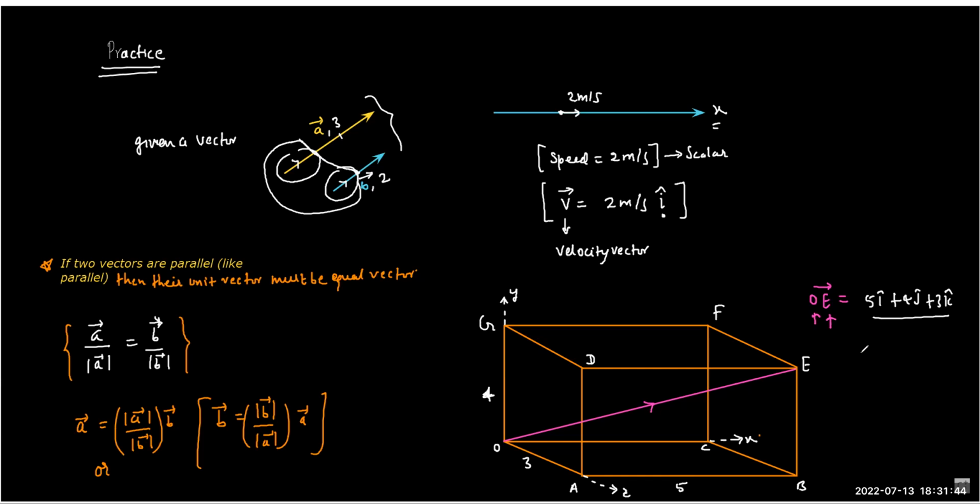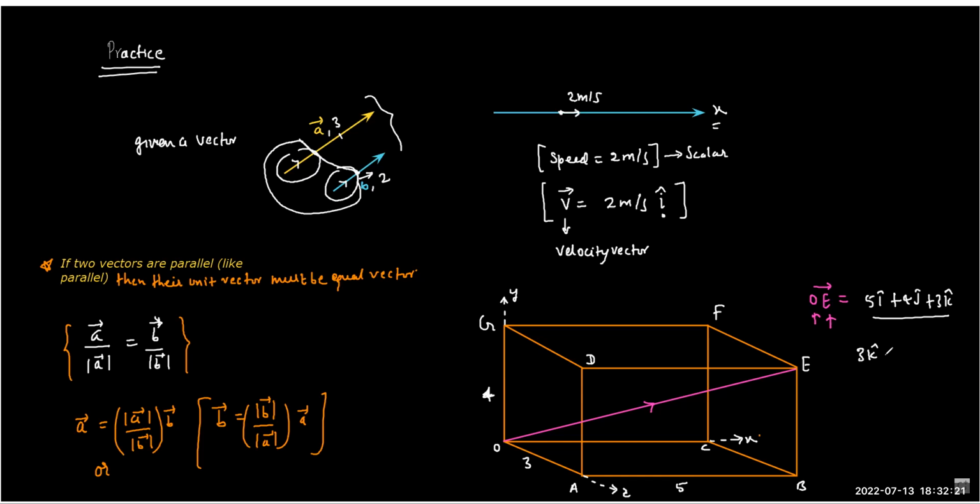So you can work like this. You go O to A. O to A is which direction? X, Y, Z, or reverse of what? What is the direction of O to A, guys? Z. And how much is the length? 3. So 3 K cap, right? A to B, which direction? X direction.